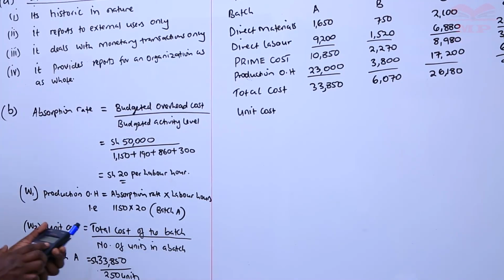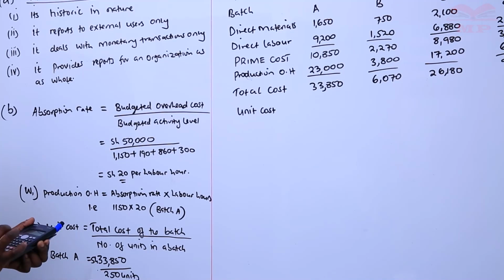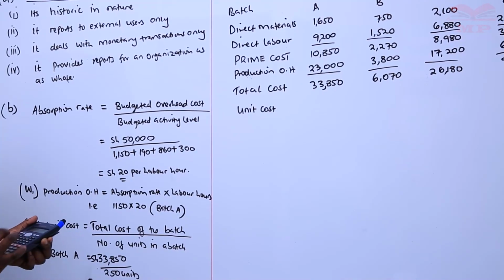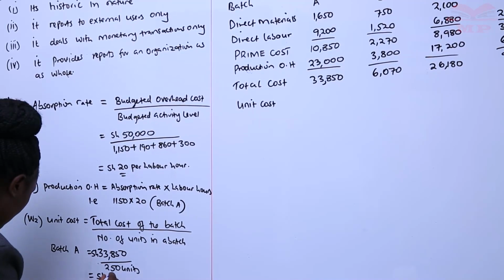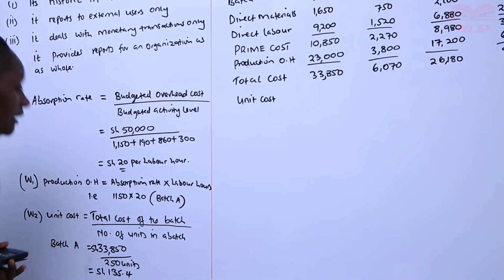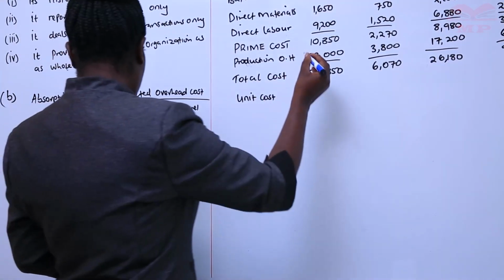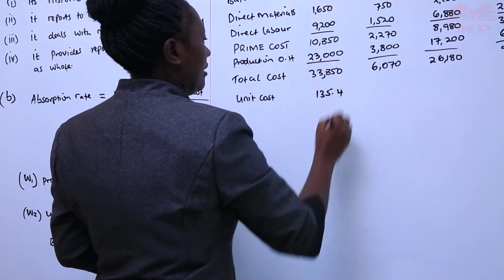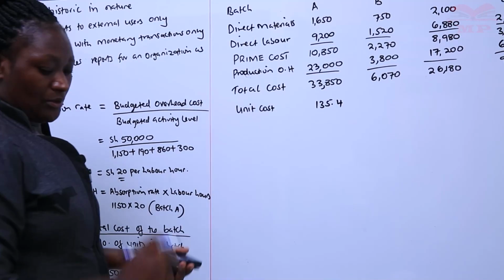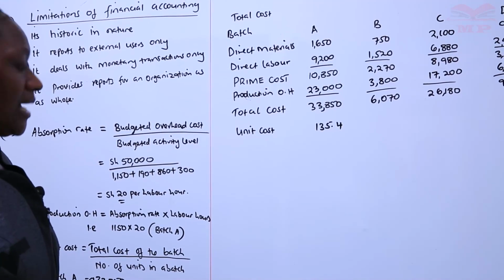Which will give 135 shillings point 4. So our unit cost for batch A is 135.4.